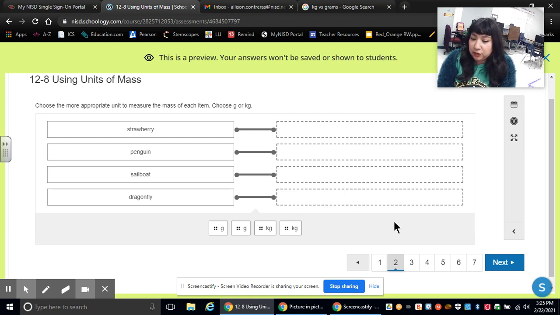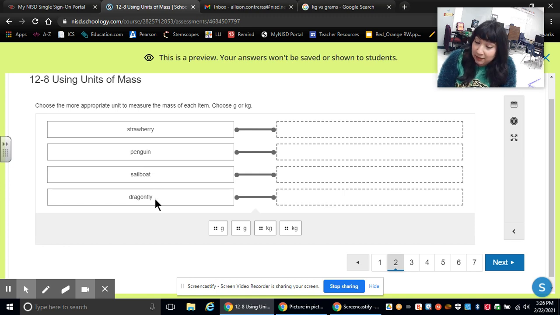On number two, same thing. What would you use to measure? Again, you have two that you would measure in grams and two in kilograms. Grams are like paper clips, kilograms are big, heavy books. And our items are strawberry, penguin, sailboat, and dragonfly.